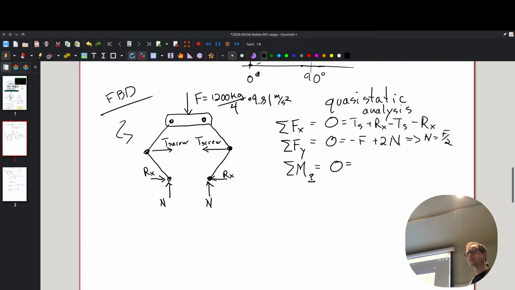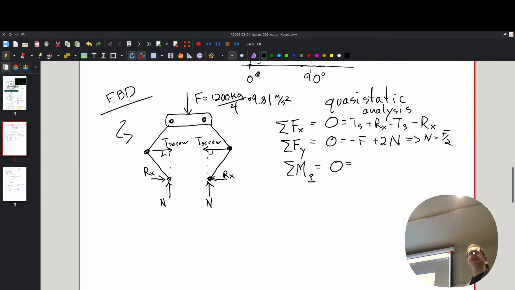Did you come up with an equation? T-screw times whatever that distance is, minus T-screw times whatever that distance is again, plus N times d2, which is the distance between. We were just saying how it's got to be the perpendicular distance. So both the positive and negative torque from T-screw are going to cancel out.